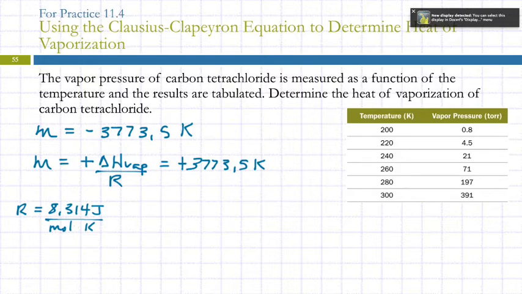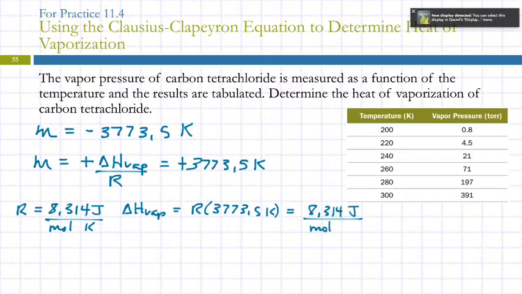And so when we rearrange this, we're going to multiply both sides by R. So delta H vaporization equals R times that 3773.5 Kelvin, which equals 8.314 joules per mole Kelvin times 3773.5 Kelvin.